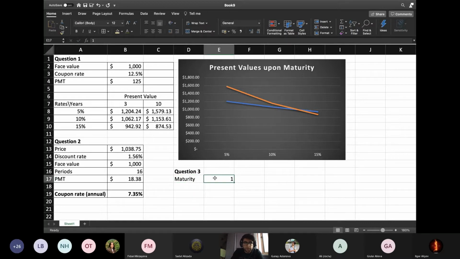We have maturity 1 year, 2, 3, 4, and 5.